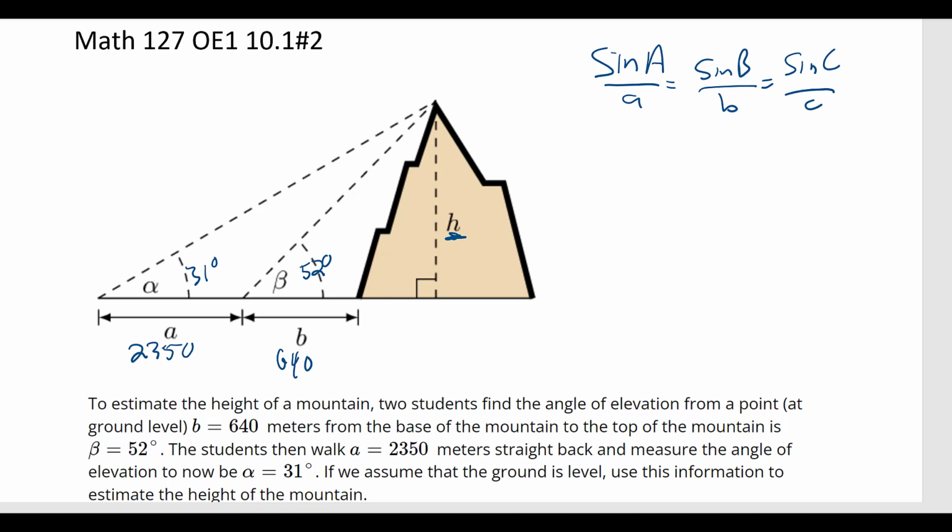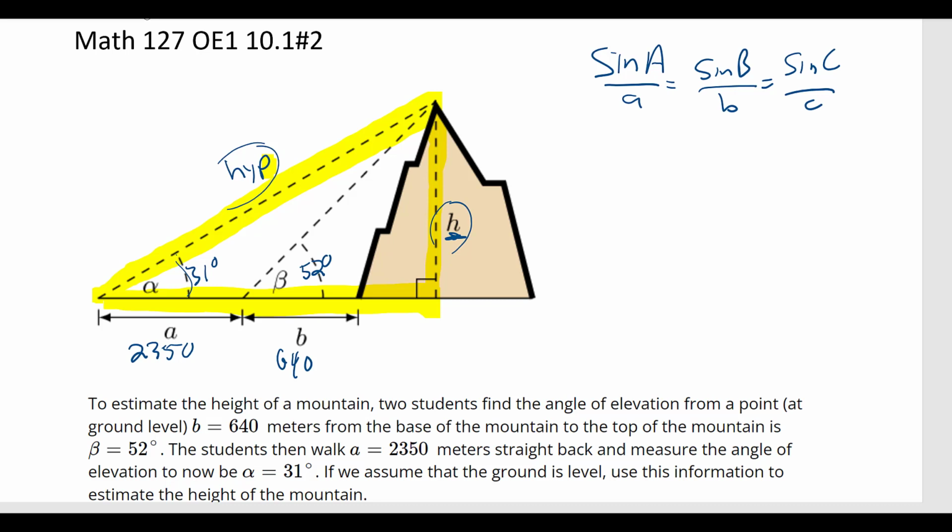One way to do this is to notice that we have this bigger triangle. If we can find this hypotenuse, then we would have this angle, this hypotenuse, and this opposite side, and we can use a sine function to find what the height is going to be.